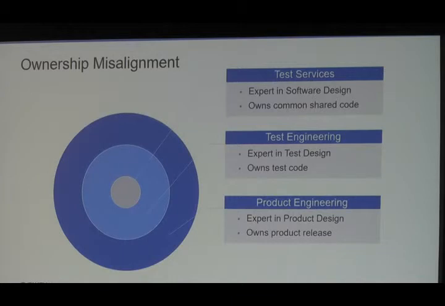And they serve a bigger organization, maybe test engineering. And then they serve a bigger organization, maybe product engineering. So there's this span out of support that's needed. And we felt like in the past, when we were not clear about the differences and delineations between the ownership and the groups, we started getting into trouble.